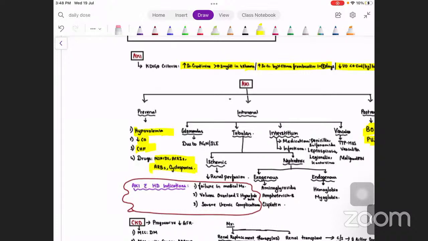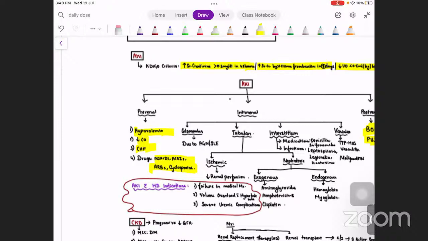These are the possible drugs that can cause a pre-renal AKI. These are the possible situations you may associate with pre-renal AKI: hypovolemia, decrease in cardiac output, congestive cardiac failure, or patients with NSAID abuse, ACEIs, ARBs, and cyclosporins.